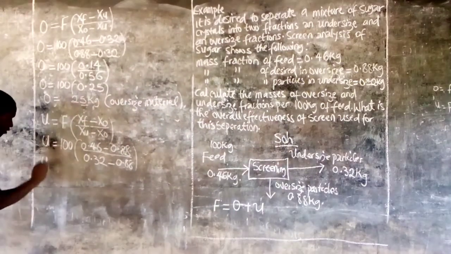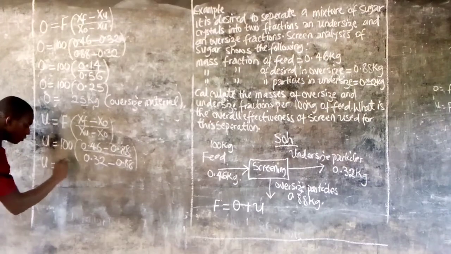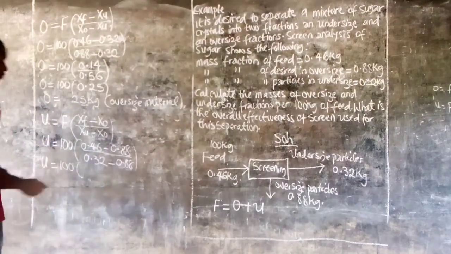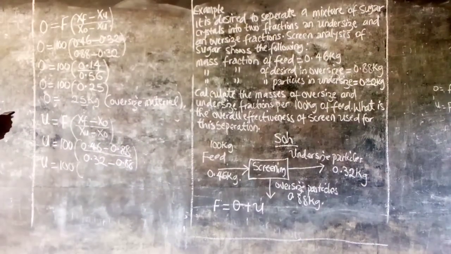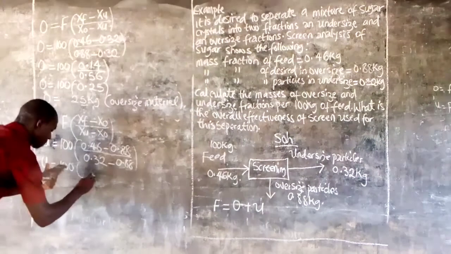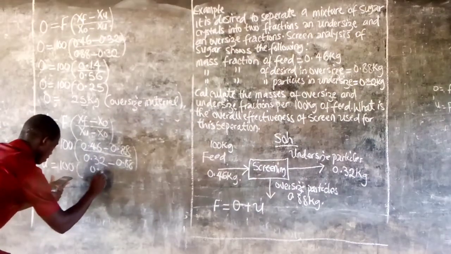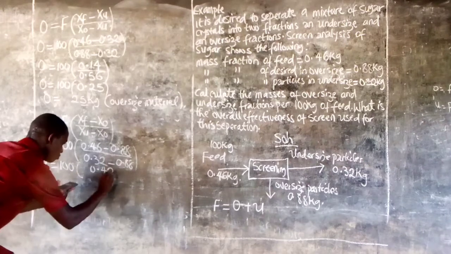We have that our U is equal to 100 bracket. Now we have 0.46 minus 0.88, and that should give us minus 0.42.